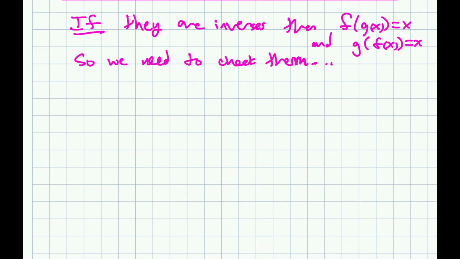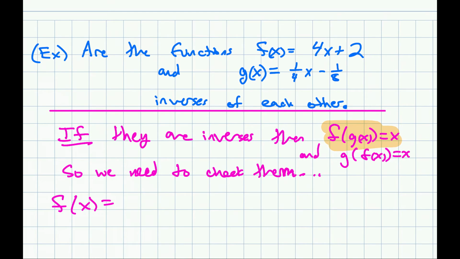So how would we do that? We know how to evaluate f of g of x, because we did that in the previous section. Let's start with f of g of x. The way to calculate it is to write what f of x is to start with. According to this, f of x is 4x plus 2.